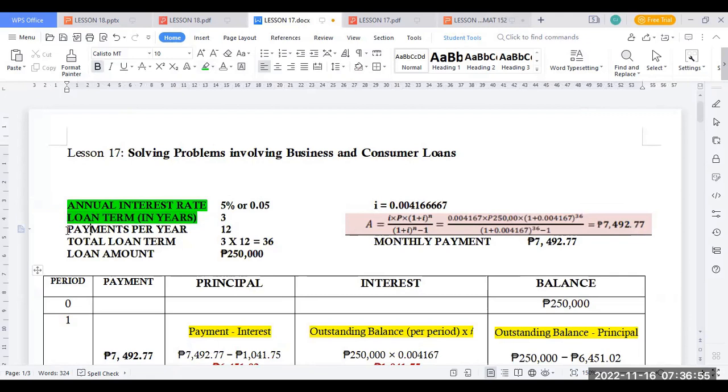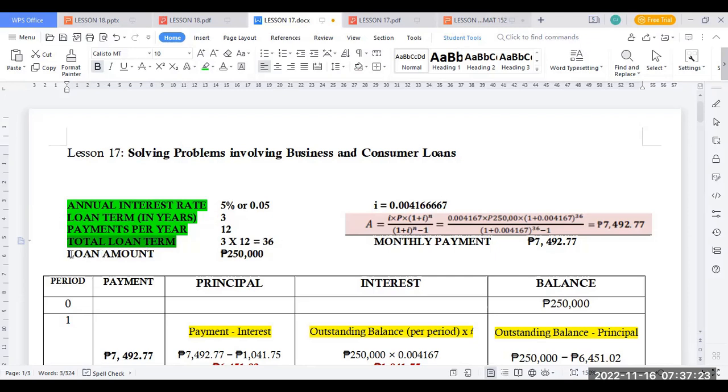Tapos the payments per year is 12. Bakit 12? Kasi monthly, 'di ba? So 12 months sa isang taon. 12 times siya magbabayad sa isang taon. And then total loan term. So the total loan term is 3 years times 12 monthly payments, that's 36 monthly payments.